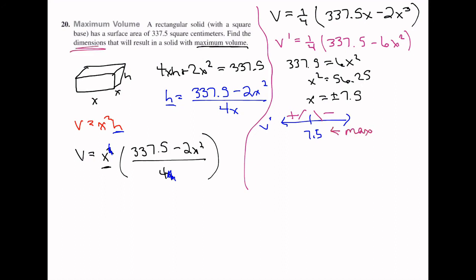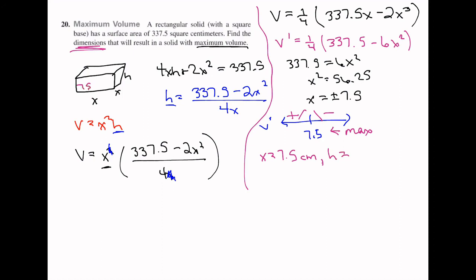So we just have to answer the question now, which is what are the dimensions? So you can say x is 7.5 centimeters and h equals, or you can label it right on your picture.